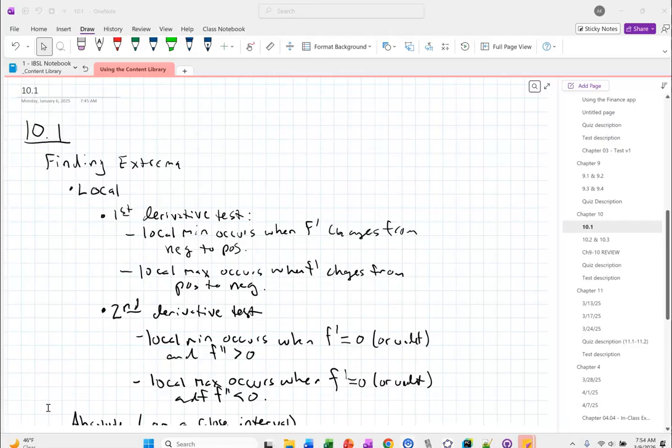An absolute maximum is the highest point across all points in the function. Now, since it has to be over the entire function, is there always an absolute maximum or minimum for a function?